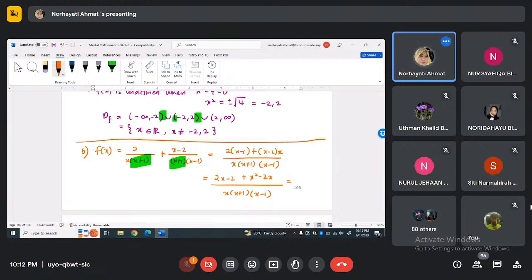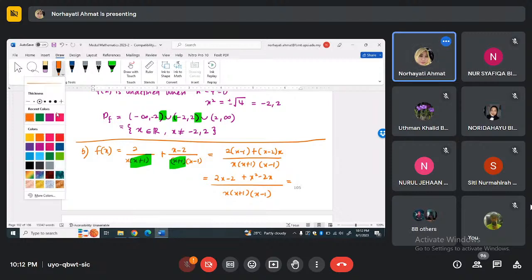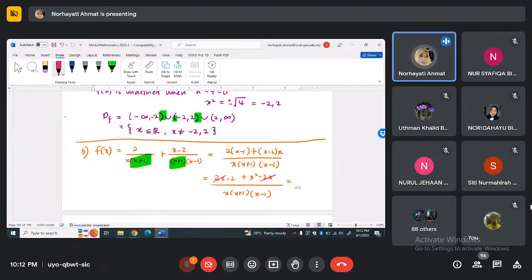Okay, the final function is 2 minus 2, 2x minus 2x is 0. So we only have x square minus 2. Okay, x square minus 2 divided by x plus 1, x minus 1. Okay, boleh kelas? Boleh? Boleh. Bagus. So what is the domain for this function?